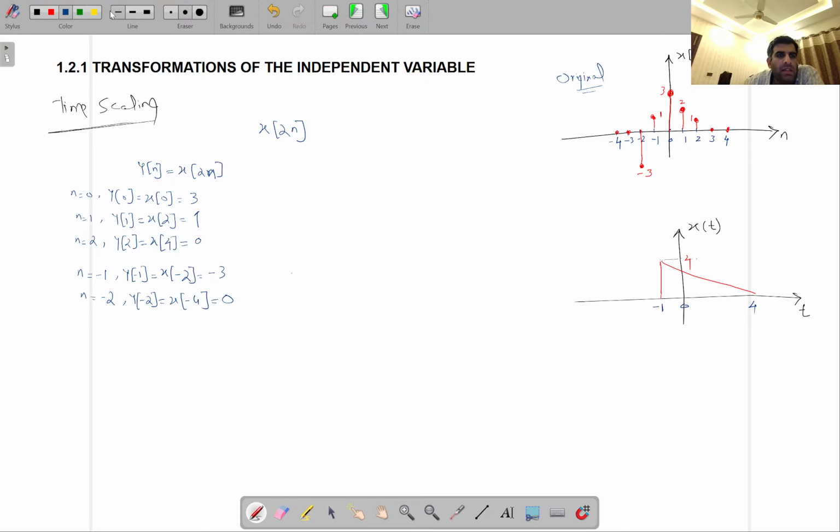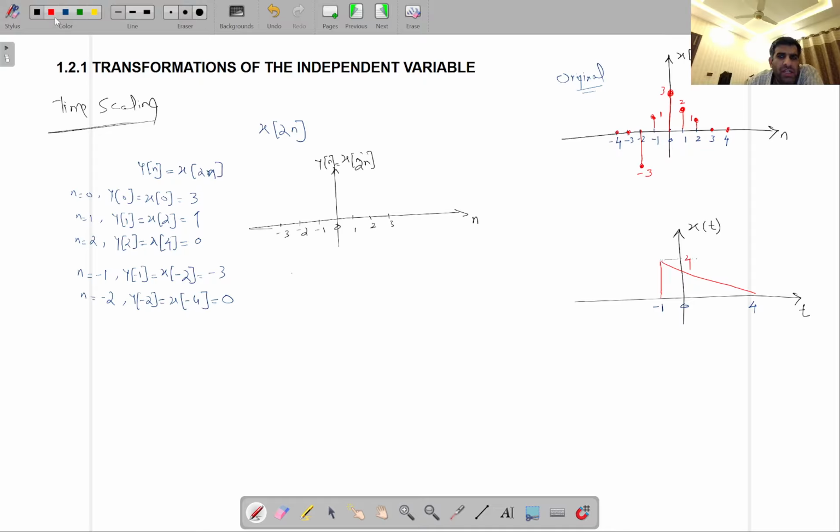Now, let's try to plot this transformed signal, which is the time scale transformation. We write over here n, and over here x of 2n, that is my y of n. Let's put some values 0, 1, 2, 3, and over here minus 1, minus 2, and minus 3.